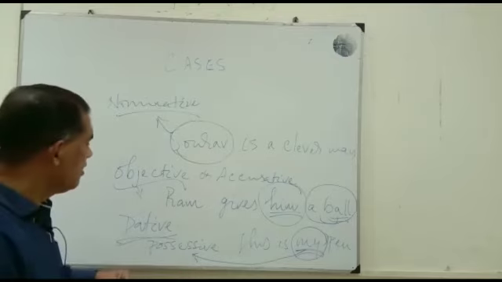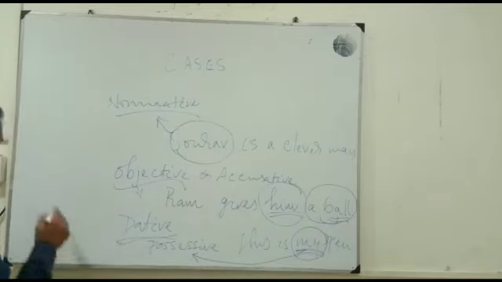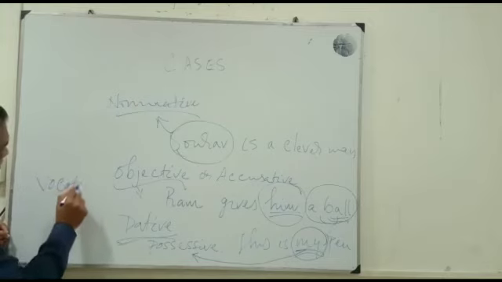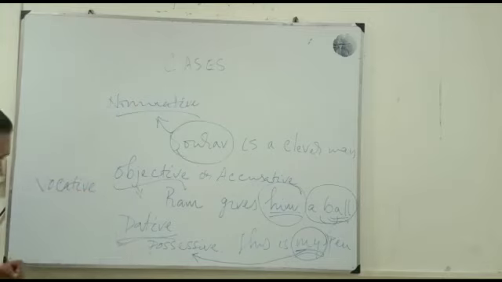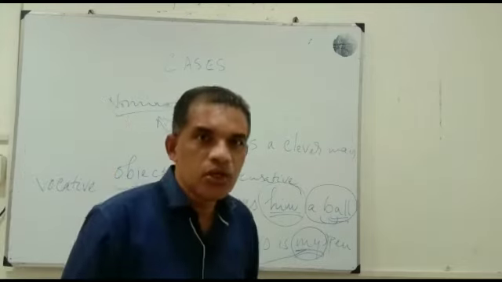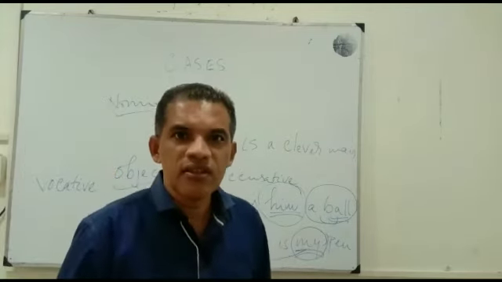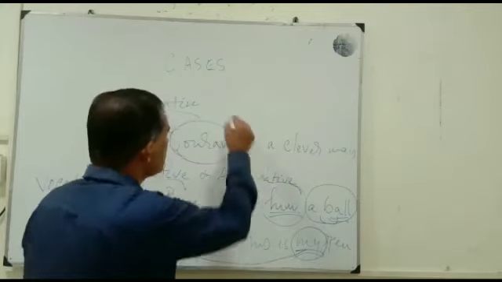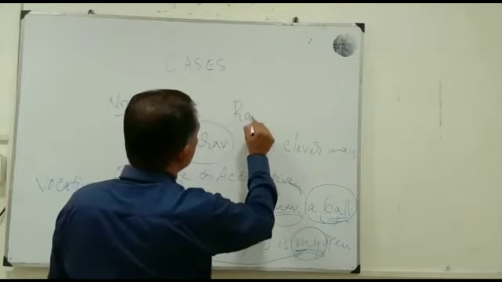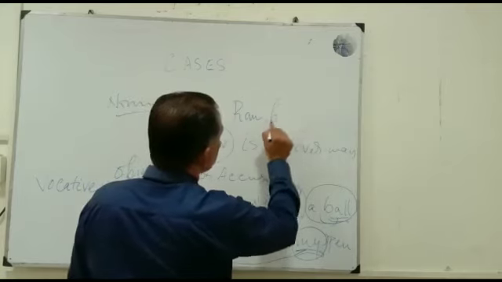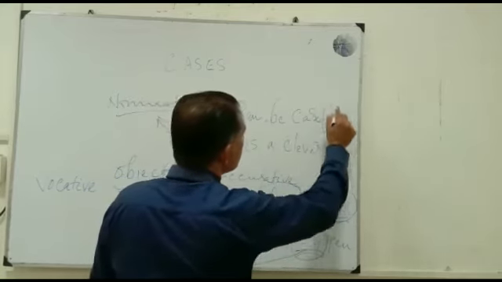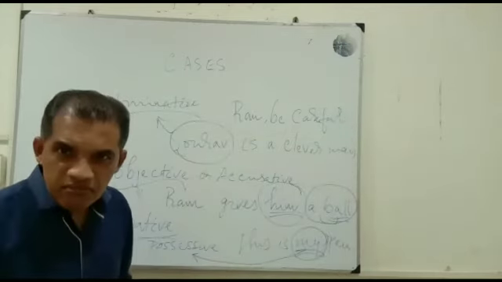And finally, we have the vocative case. Vocative case. When the noun is used to call a person, it is said to be in the vocative case. For example, Ram, be careful.